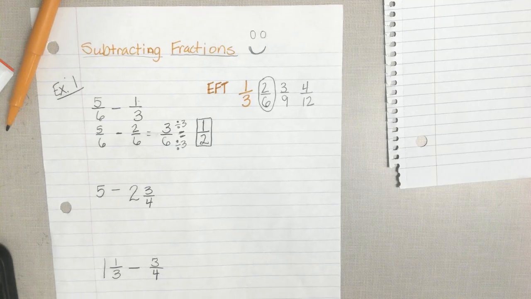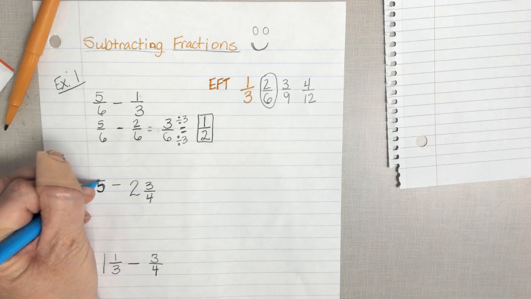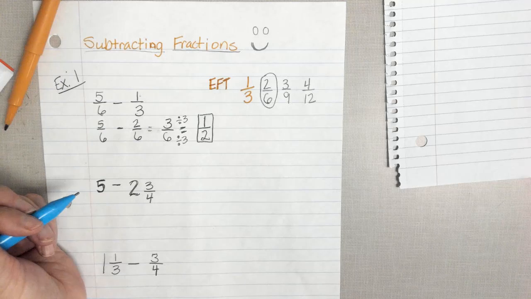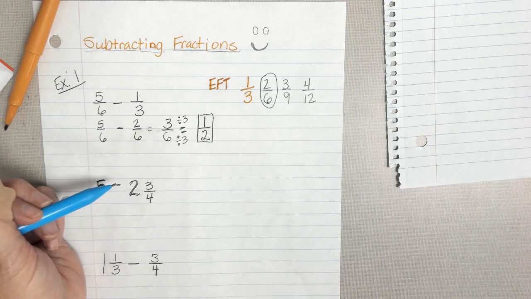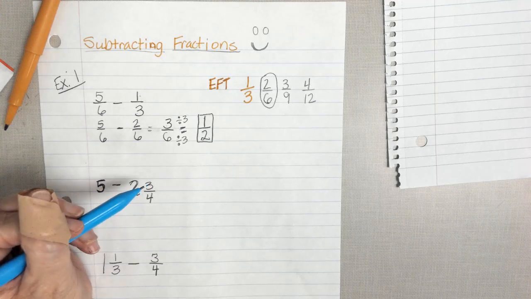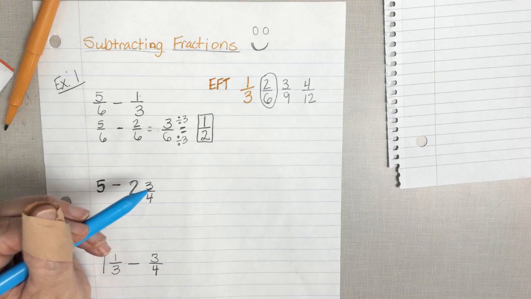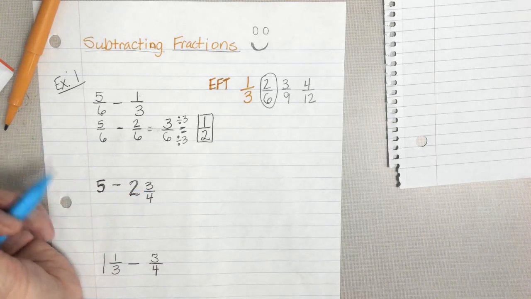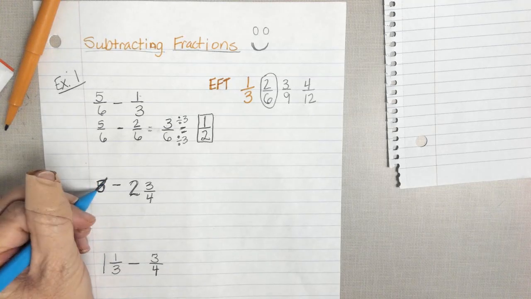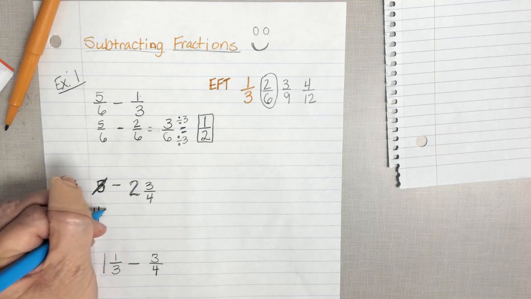All right, moving on to example number 2. This time I want to show you what happens when we have a whole number like the number 5 and we're subtracting a whole number and a fraction. Remember, we have to rename the number 5 whenever we're trying to take away a fraction amount, because we can't just say nothing minus 3/4. So we have to rename this. So the process is cross out the whole number, and another name for 5 happens to be 4, and we use our denominator name, 4/4.